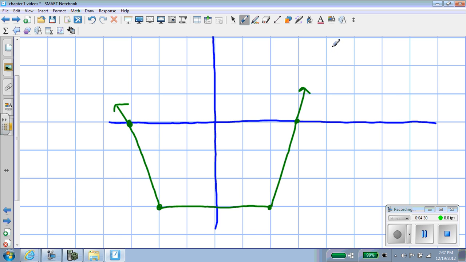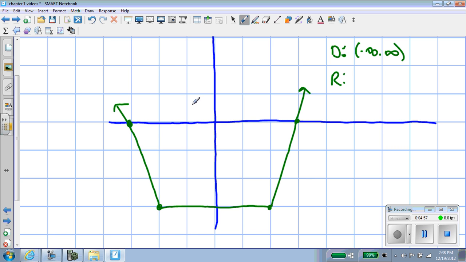Domain. Well, let's see. The usable x values. Well, since this is going up, all of these x values are going to get used forever, right? So negative infinity to infinity. All the x values get used. The range.